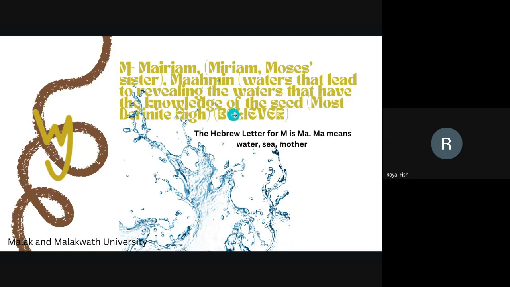So to believe in what the prophet is, the knowledge of the seed. To be moved is the Holy Spirit, the Ruach HaKodesh, and that leads to revealing the waters that are within you. So the waters of the Spirit move the waters that are within you is a believer.